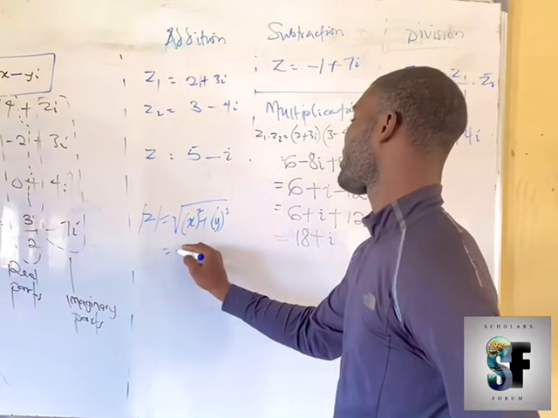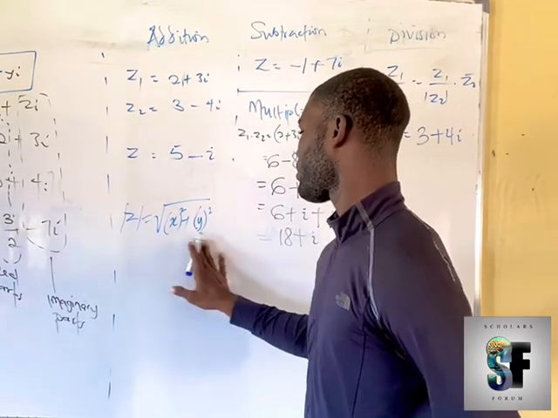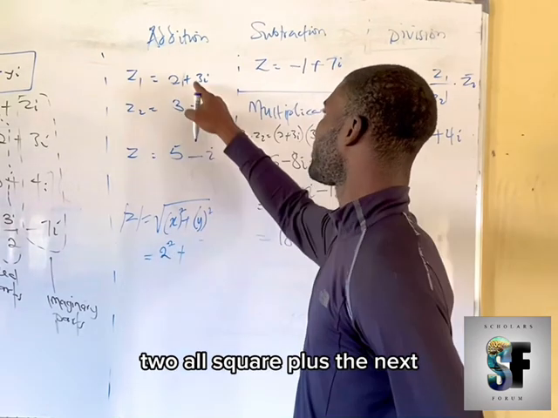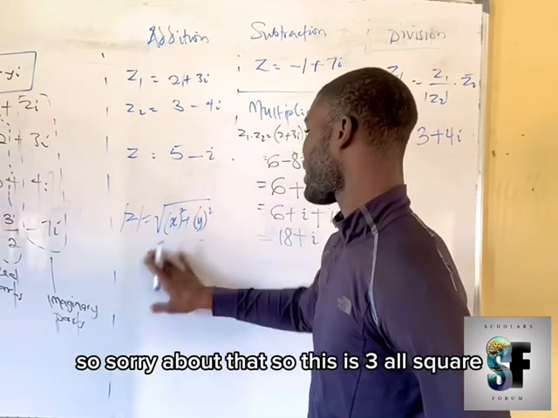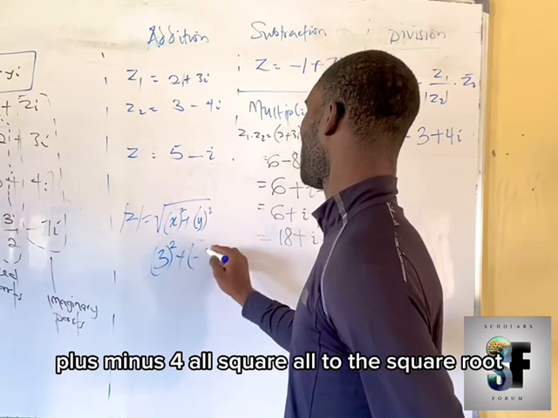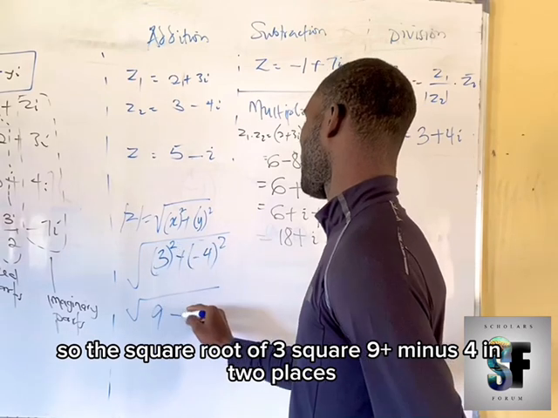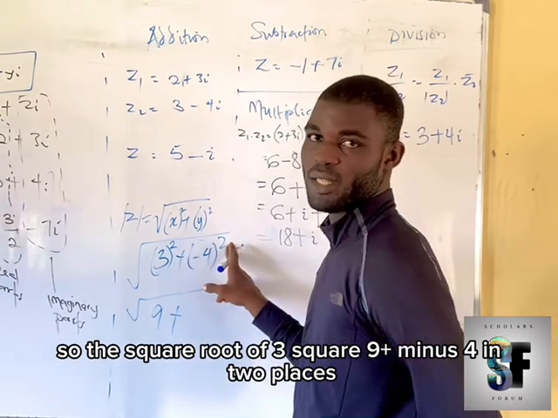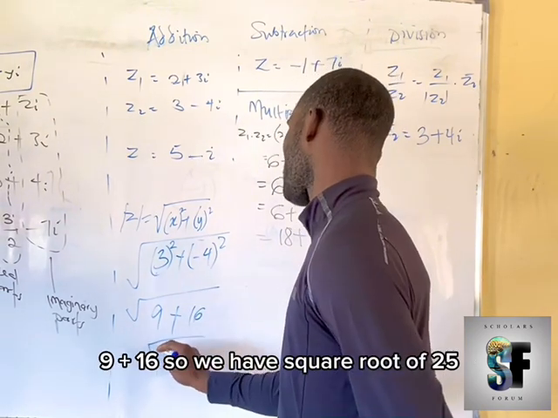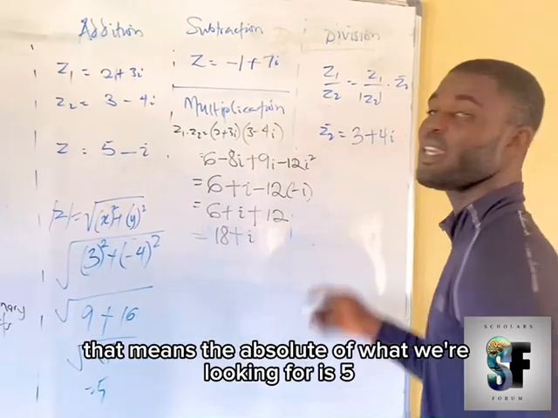So in this instance, this is the square root of 3 squared plus minus 4 squared. So the square root of 3 squared, 9, plus minus 4 in two places, minus times minus is a plus, 4 times 4, 16. 9 plus 16, so we have the square root of 25, which is equal to 5. So the absolute of what we're looking for is 5.